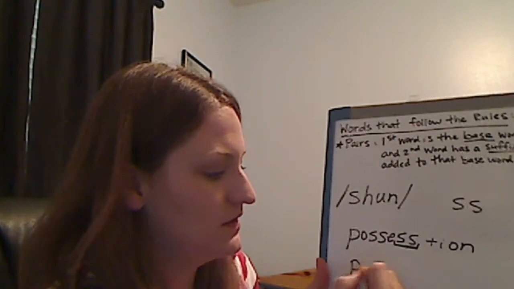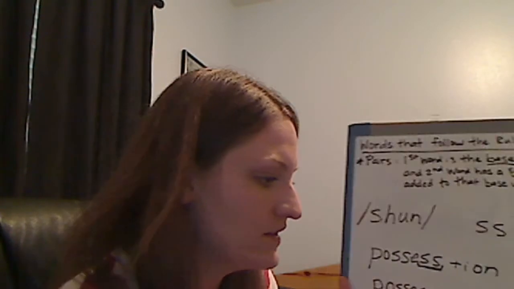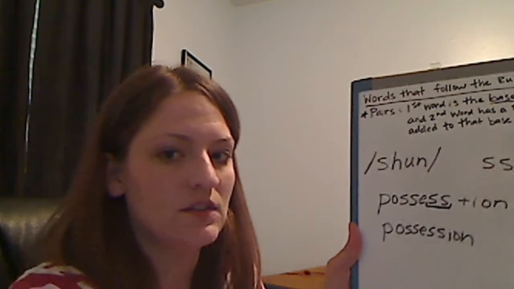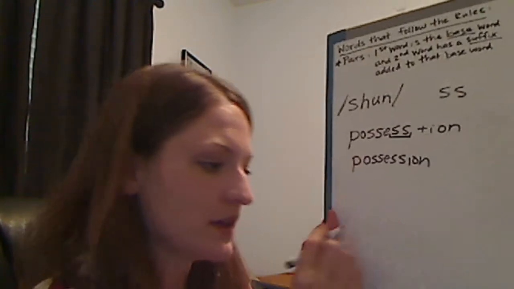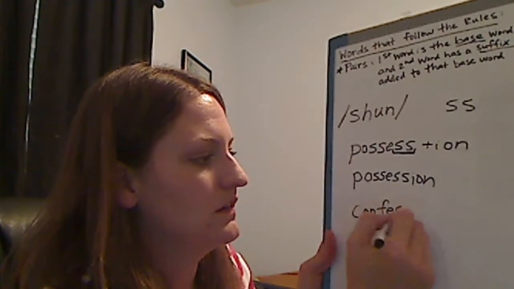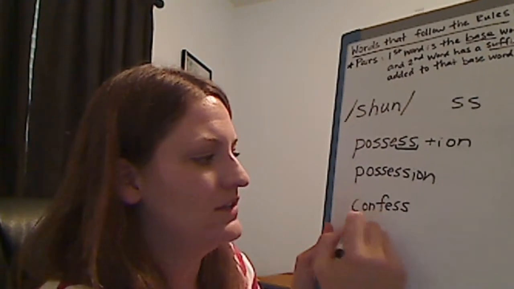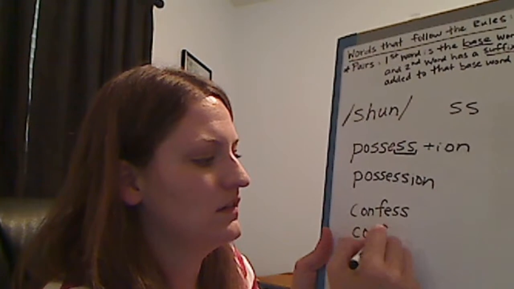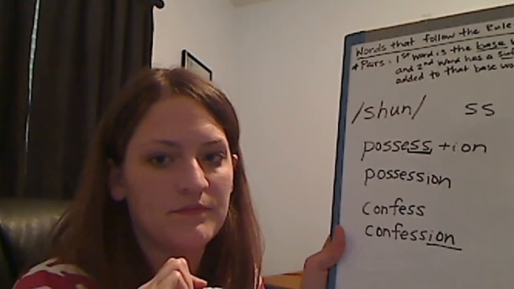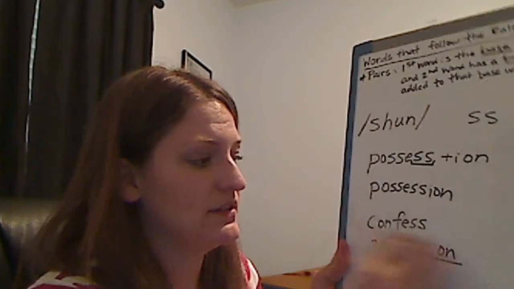So then that makes the word possession, spelled just like that. Okay, so what happens, I'm going to put another word up here. Confess. When I want to add the shun to that, I just add ION and make it confession. Okay, so that's the rule for when it ends in a double S.